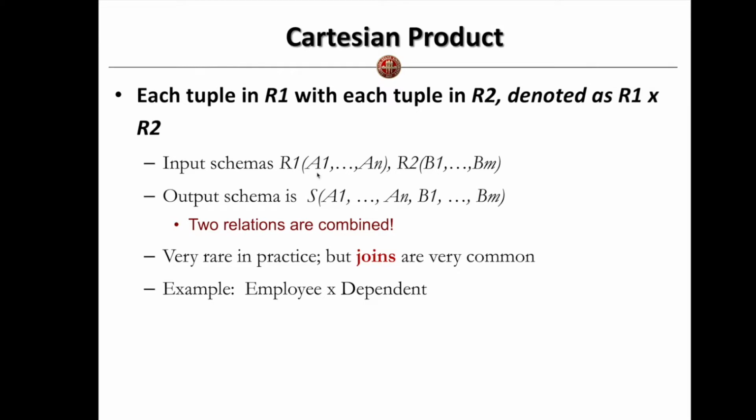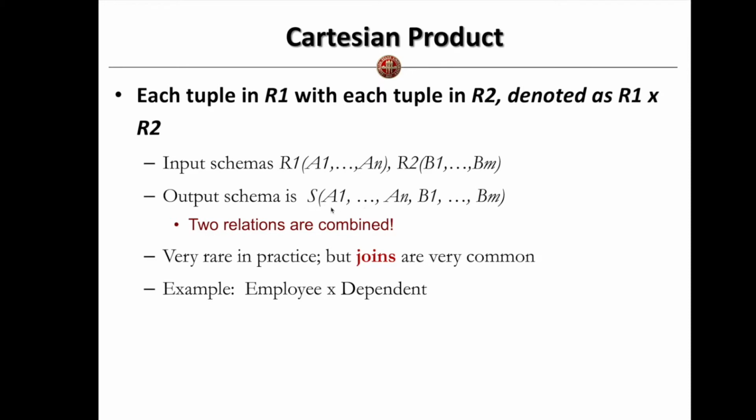In other words, we combine all the attributes from the two input relations to compose the output relation, A1 to An and B1 to Bm. So it's about the product between two relations. You see, this product can be very expensive because the output relation will be a very big table, right?